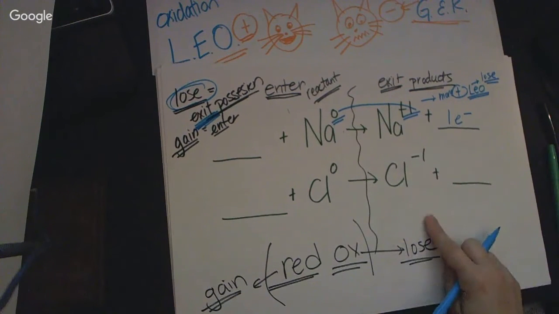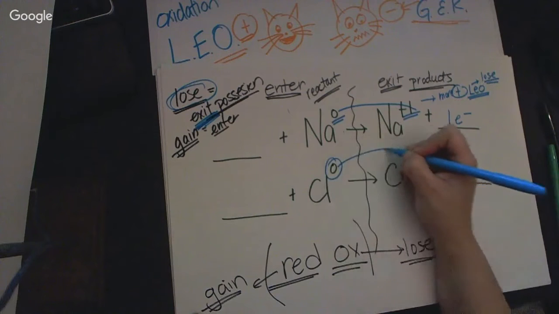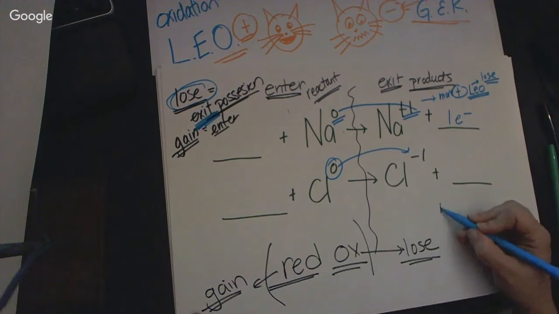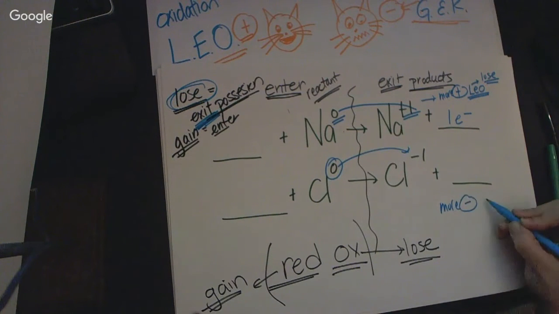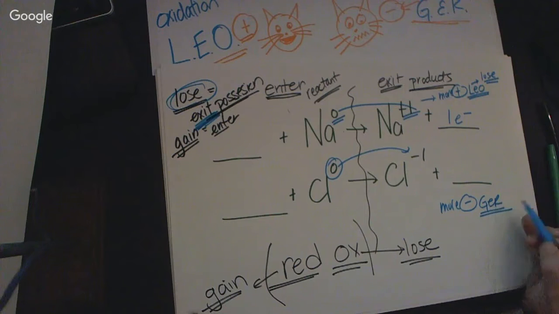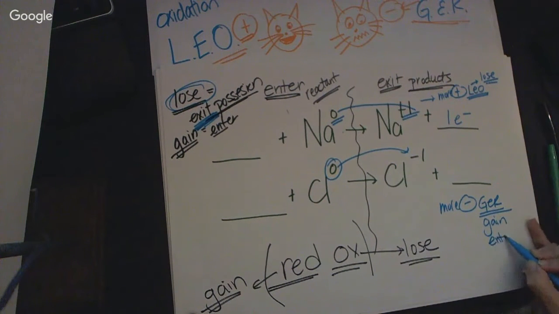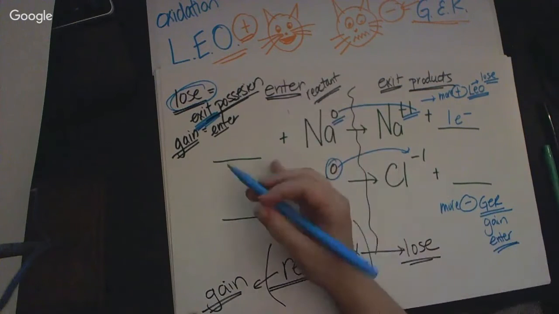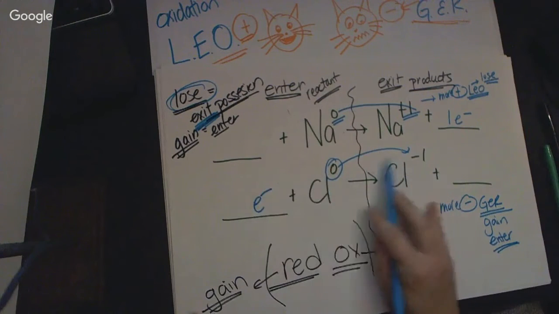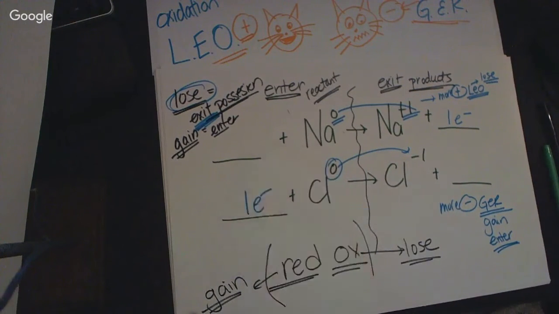Down here on the bottom, this is going from 0 to -1, which means it's more negative. And when I think of negative, I go grr, because Leo's really angry. And when he gains electrons, that's reduction. When I gain, it is entering my possession. So I'm going to put the electrons over here, and this is a 1 number change on the number line, which means I entered 1 electron.